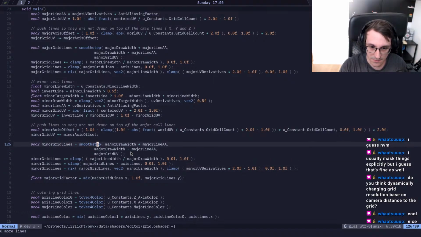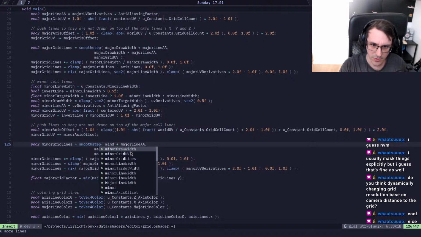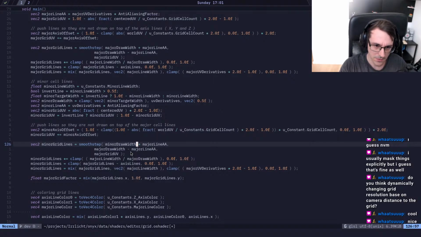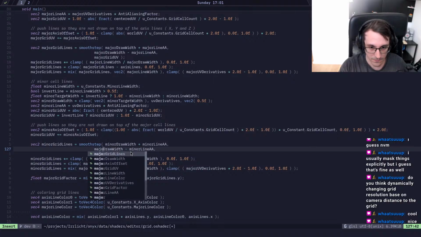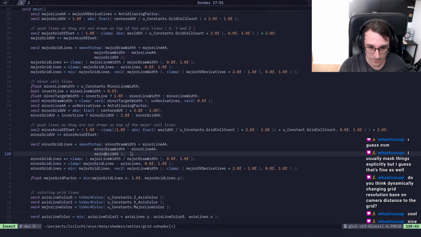So that is minor target width probably, well, or minor draw width because we have that already. Then minor line A. Minor grid UV.